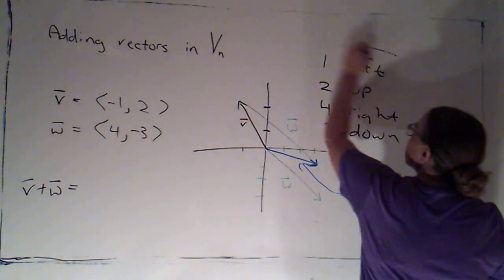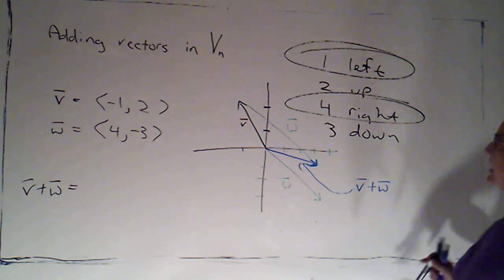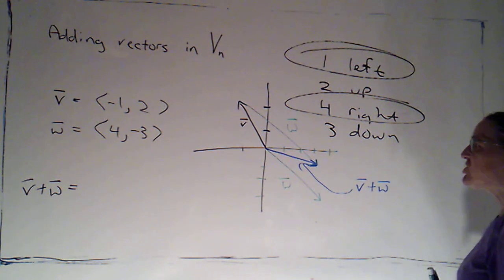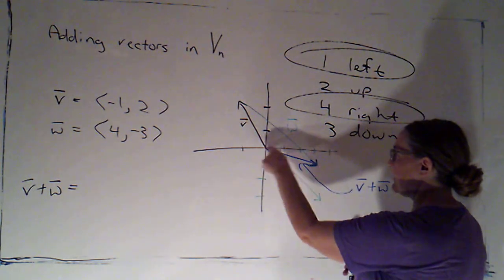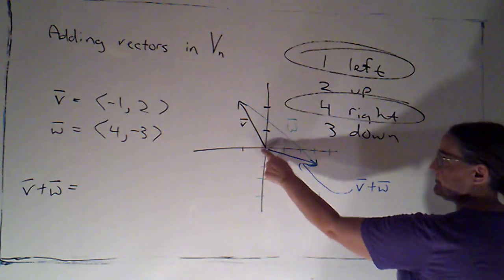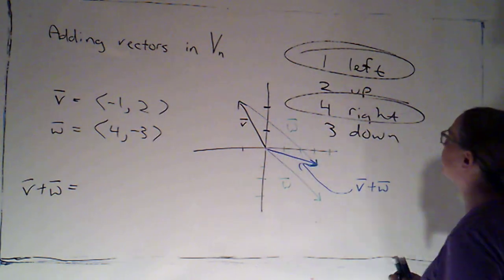But notice, if I just look here, this is what I did horizontally. I went 1 to the left and 4 to the right. That's a net change of 3 to the right. And it does look like we end up having come 3 units to the right. Because notice V plus W here is drawn in standard position. Okay.